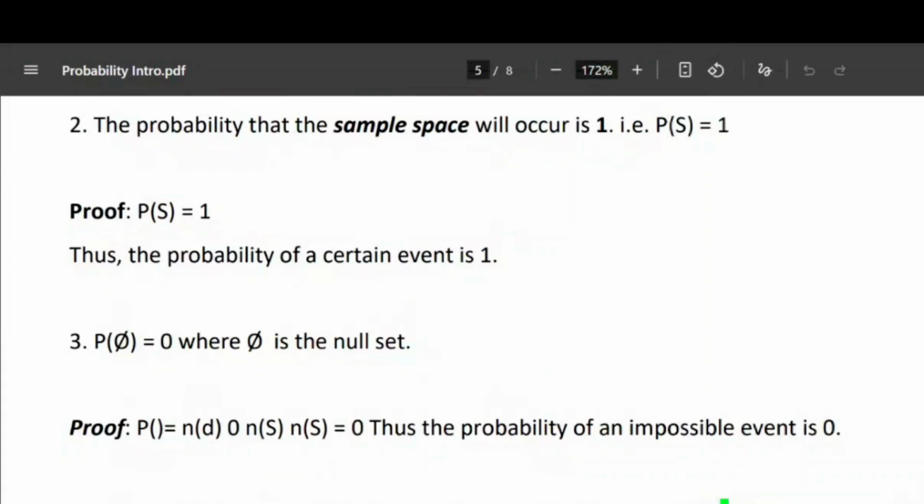Now, the probability of an event occurring plus the probability of the same event not occurring is always equal to 1 or 100%. The probability that an event will occur plus the complement, that is the event will not occur, is equal to 1.